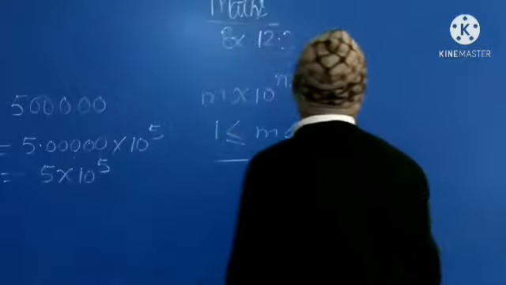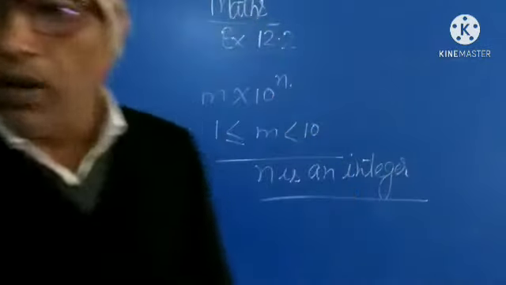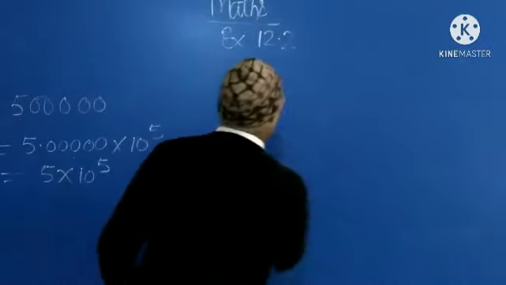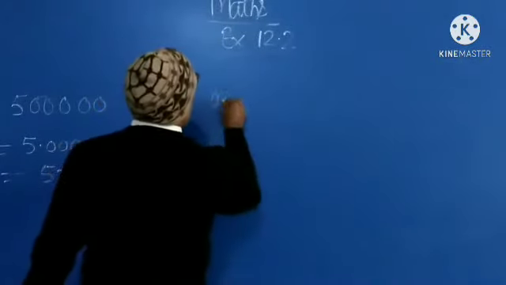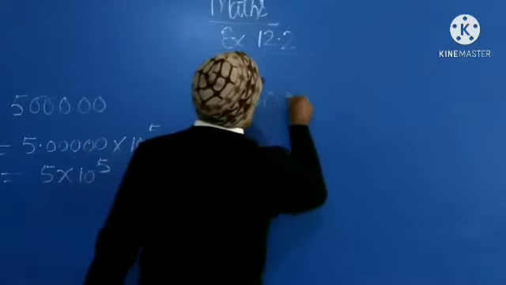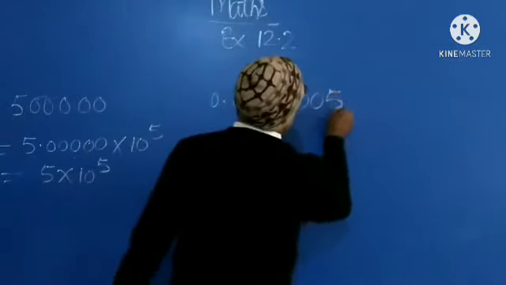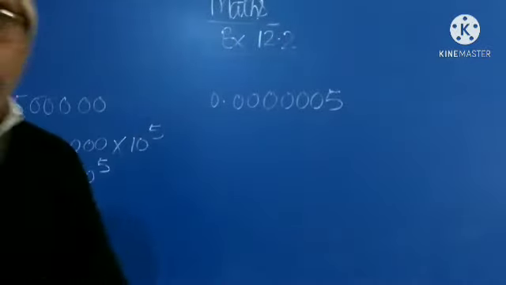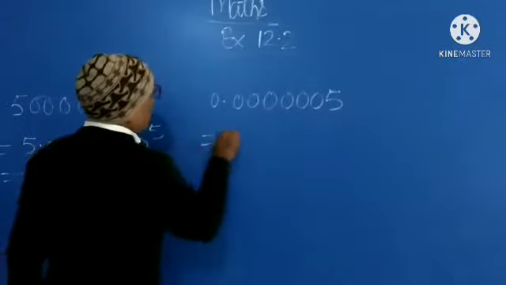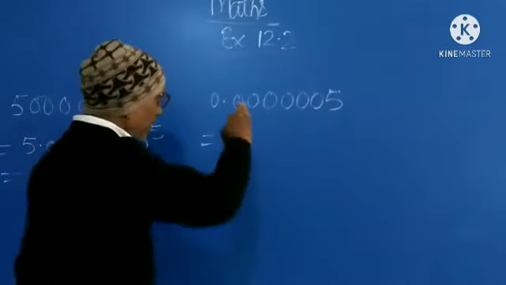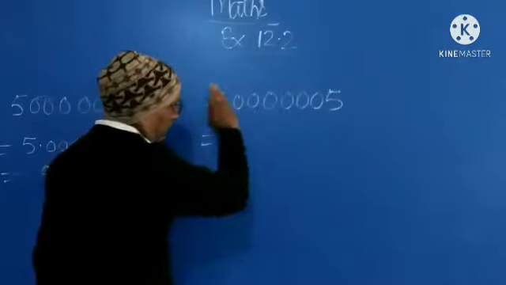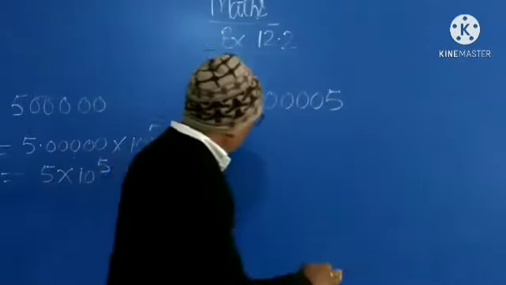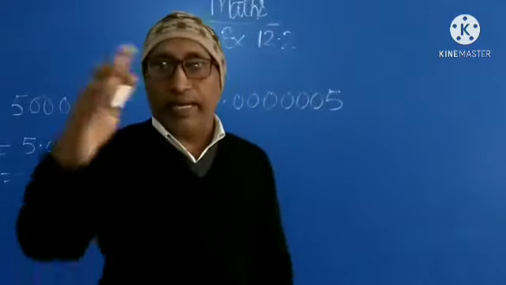Like this, you can write a very small number like 0.000005. This is a very small number. I want to write it in standard form. First of all, you count how many places you shift the decimal to make this number lie between 1 and 10.